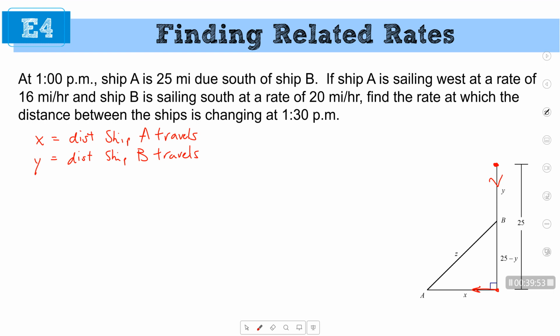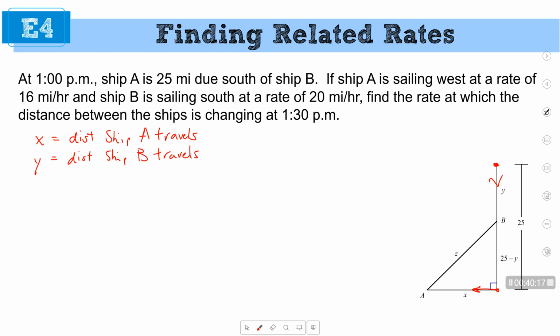Are dx and dy going to be positive or negative? Are the values getting bigger? Is x getting bigger as time goes on? Getting bigger. Is y getting bigger or smaller? Bigger. Good. So they're both going to be positive.